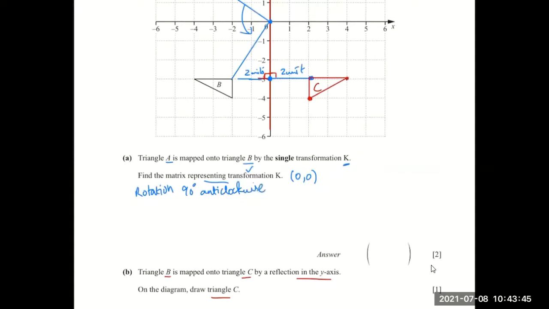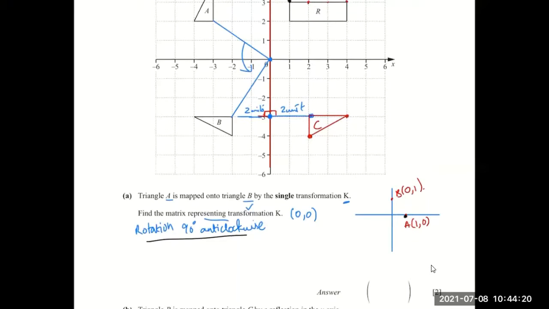Now here I'm telling you how to construct matrices. Whenever you're constructing matrices, you take these 2 points, A, which is (1, 0), and B, which is (0, 1). If I were to apply this 90-degree anti-clockwise transformation about the center (0, 0) on them, this point would move here, 90 degrees anti-clockwise.